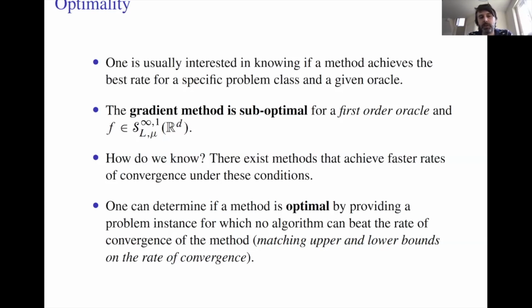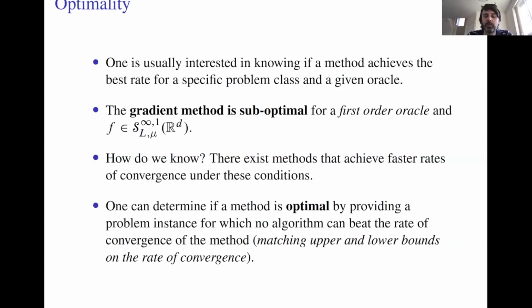Another question you might ask is, how can you check if a method is optimal? Generally, people construct, for particular model classes, particularly difficult problems for which no algorithm can achieve a rate better than a certain quantity.